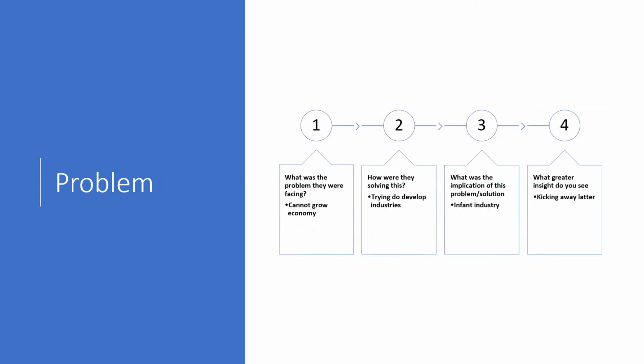For example, what were the problems that Brazil was facing? Well, maybe they cannot grow their economy. How did they solve this? They just decided to develop a new industry, computer technology. What's the implication of this?